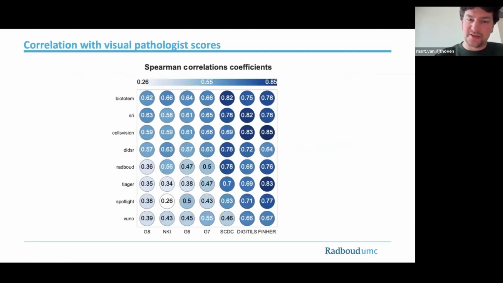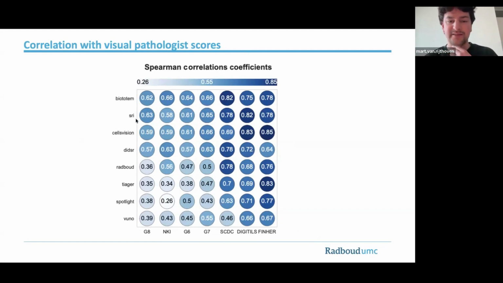So the next result is actually the correlations with the visual TILs. We had quite some extra data sets added after the challenge, where we had visual TILs, so TILs scored by a pathologist. And we see actually that for some data sets, it's doing pretty well.